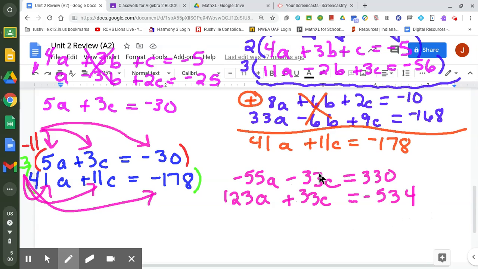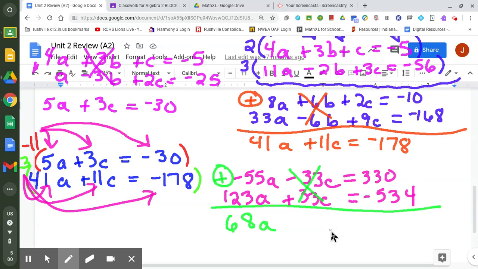And now we can eliminate the c's. So I can add my two equations together. So negative 55 plus 123 gives me a positive 68a.